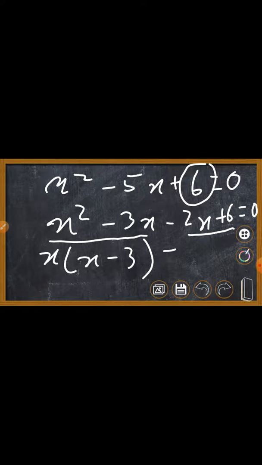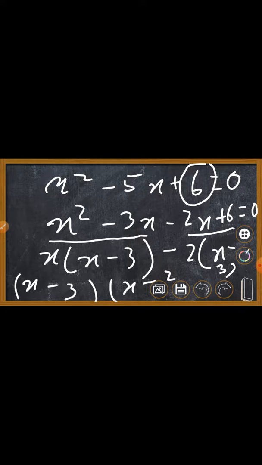From the last two you take minus 2 common and write minus 2 into x minus 3. Finally you get x minus 3 into x minus 2, and you get the values x is equal to 3, 2.